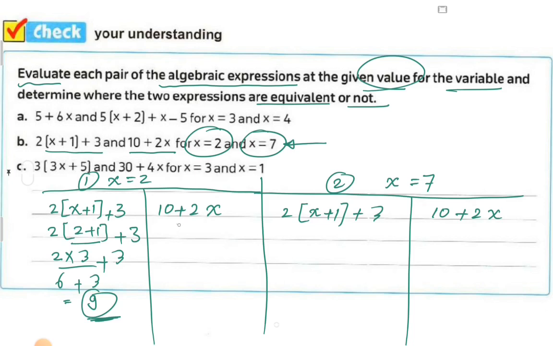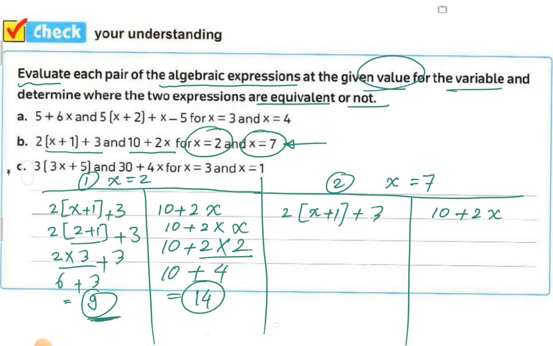Now the second expression, 10 + 2x, that means 10 plus 2 by x. Remove x and put 2. 10 plus 2 by 2. Start with multiply, 2 by 2 equal 4. 10 plus 4 equal 14.